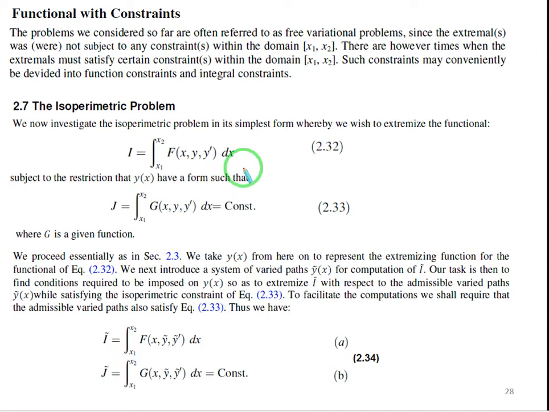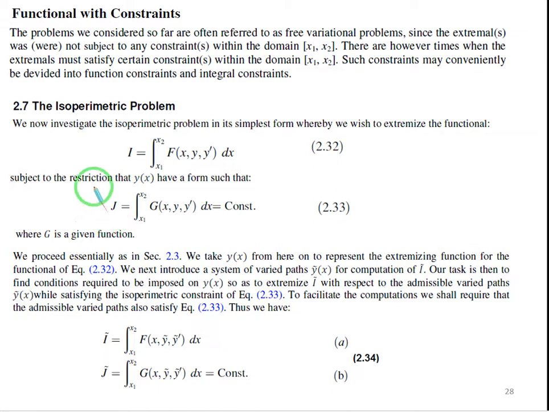We know that our functional problem may have two different kinds of constraints. We may have integral constraints or function constraints. First of all, I'm going to speak about integral constraints, and then we will speak about function constraints.